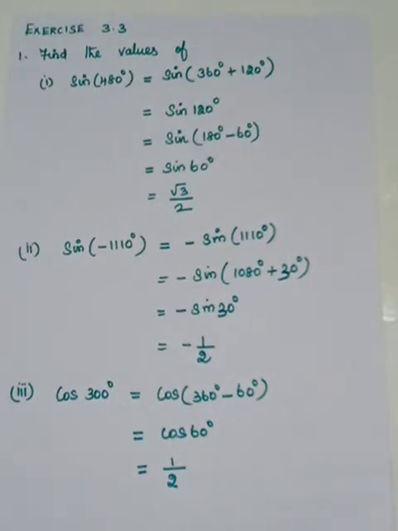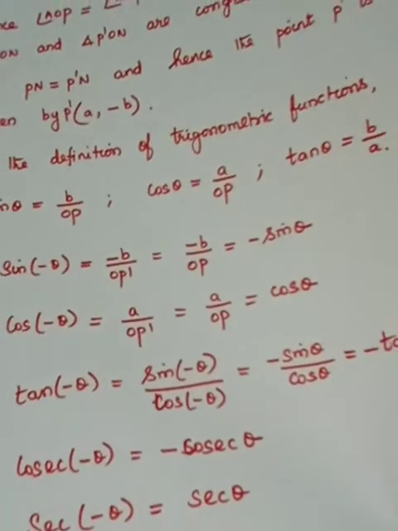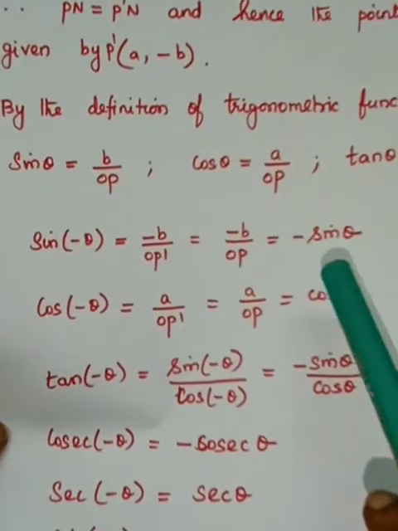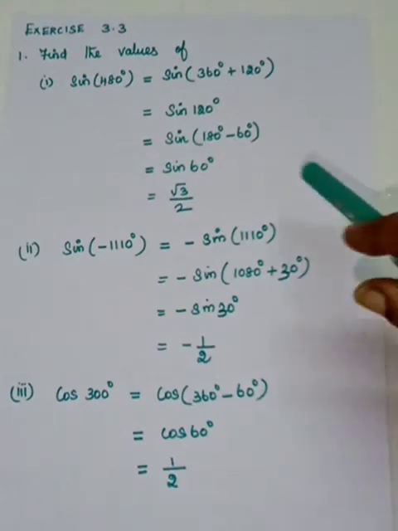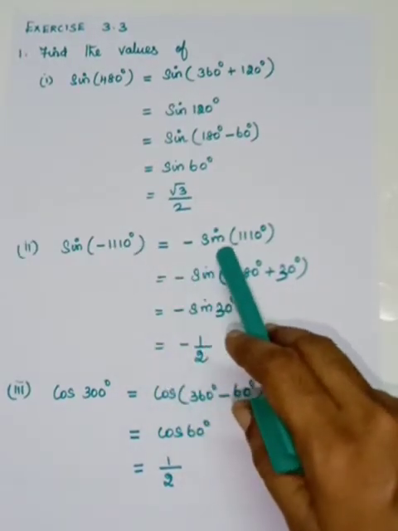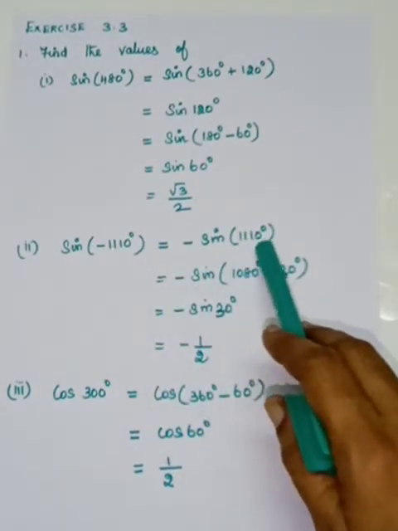Sine of minus of 1110 degree. You see that it is in the form of sine of minus theta. What is it? Sine of minus theta is equal to minus sine theta. That is the first step you have to write. So it will be minus sine 1110 degree.